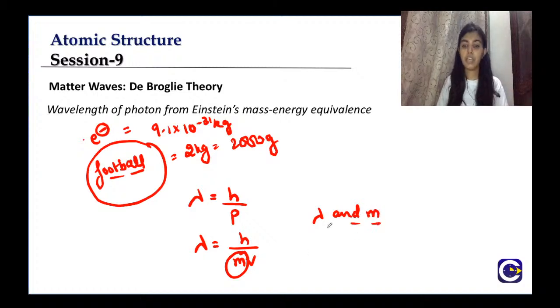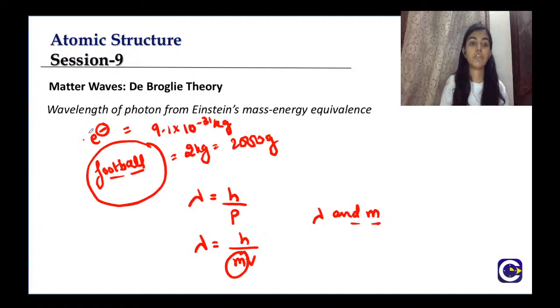So what do you see? If we increase m, that is in case of football, the mass is very much greater, so what will happen to lambda? Lambda will be very, very short to be observed. That is why with bigger particles we cannot observe the matter waves.